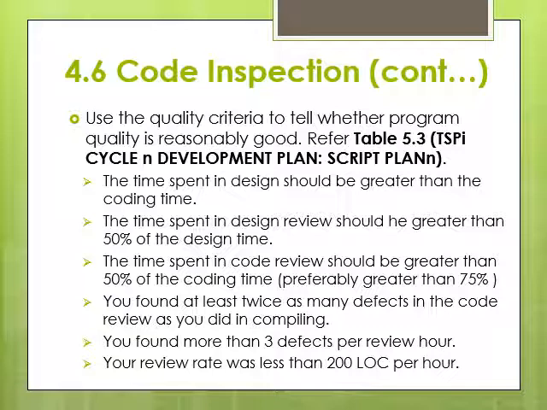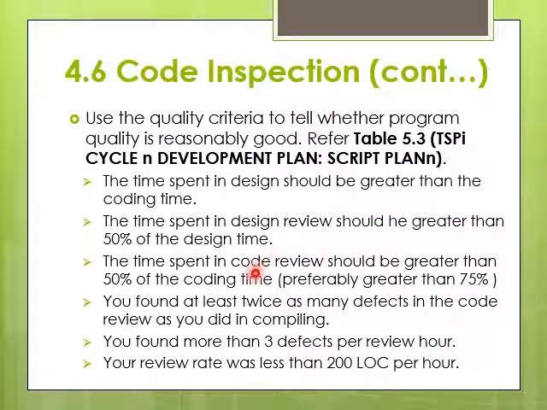These are the quality criteria mentioned earlier. Based on table 5.3, the program quality criteria: the time spent in design must be greater than the coding time. The time spent in design review should be greater than 50% of the design time.